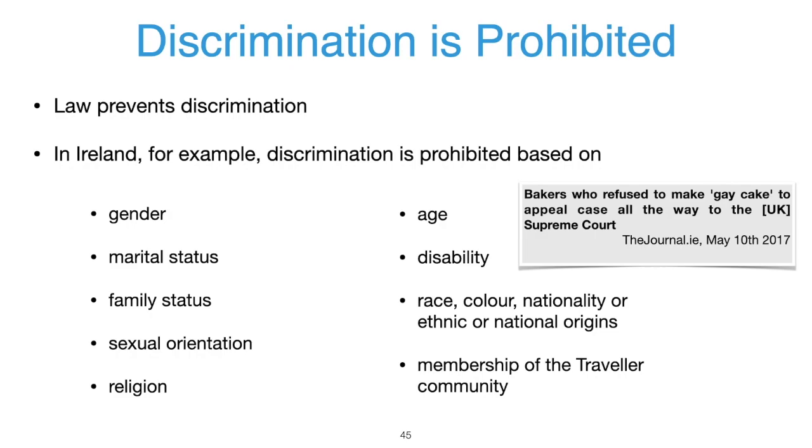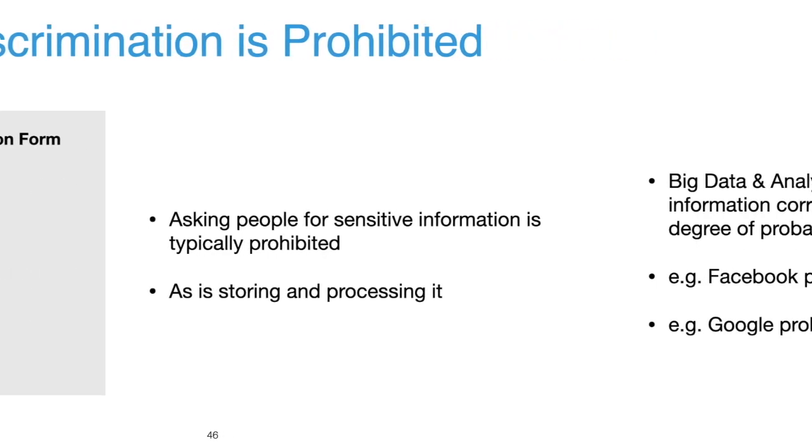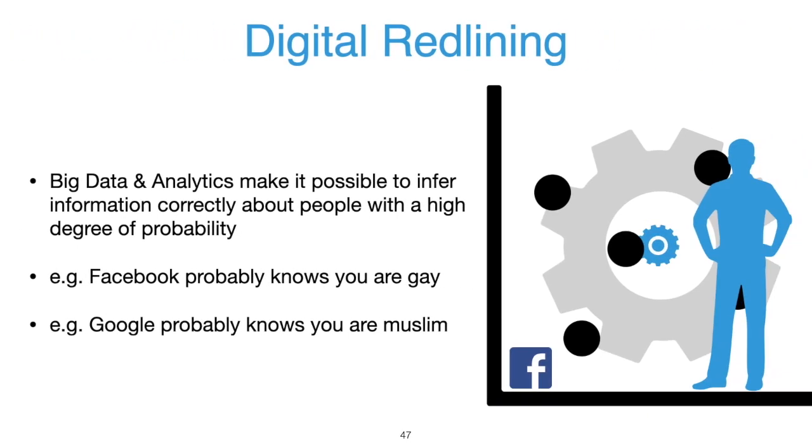So if you make decisions that affect people adversely on any one of these criteria, that's straight up discrimination and that's prohibited. Furthermore, asking for that information is typically prohibited as well. So you can't ask someone's religion on their job application or their sexual orientation.